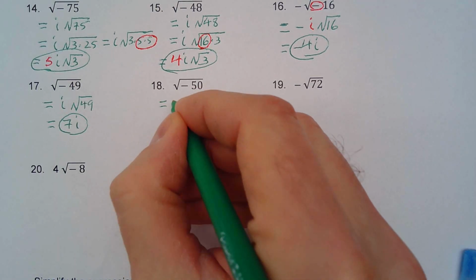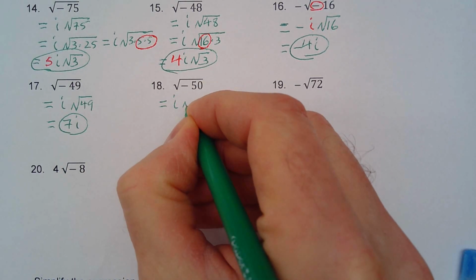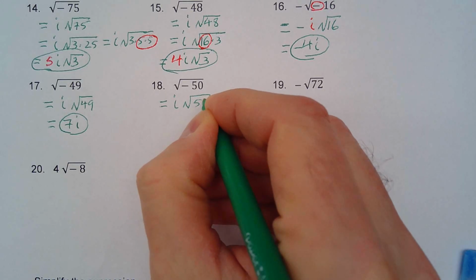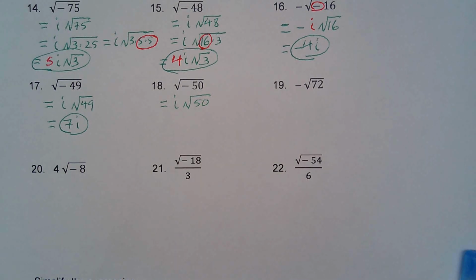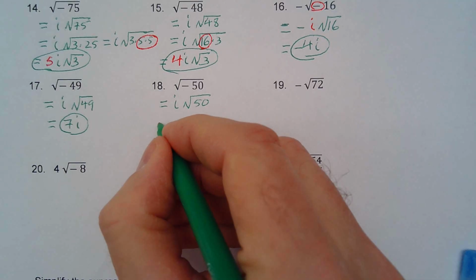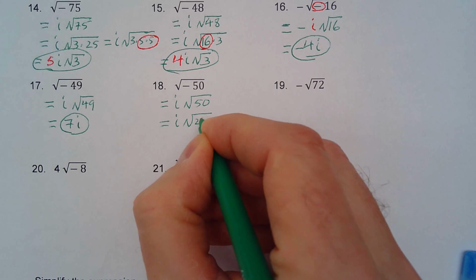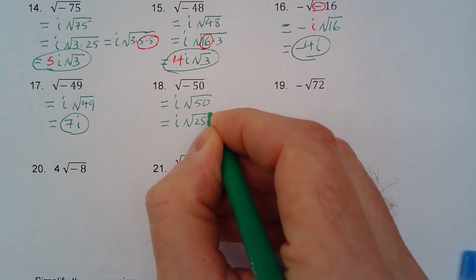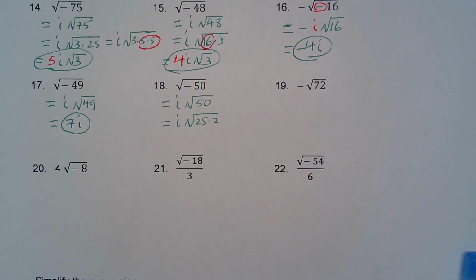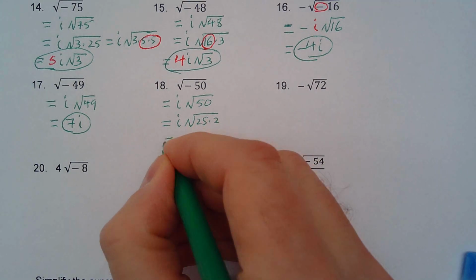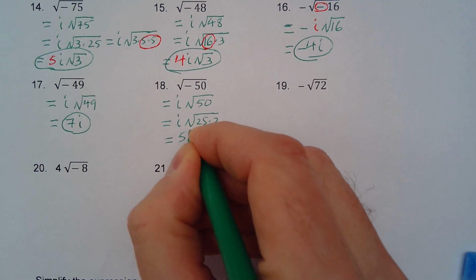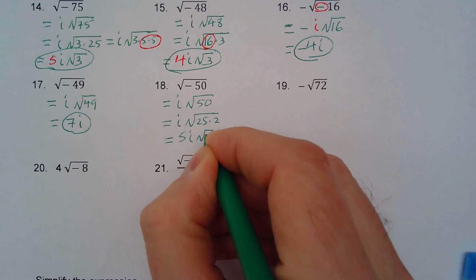So again, I write in terms of i. The i gets the negative out. 50 is 25 times 2, and the square root of 25 would be 5, so this would be 5i square root of 2.